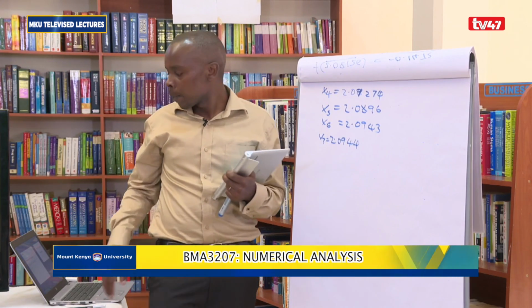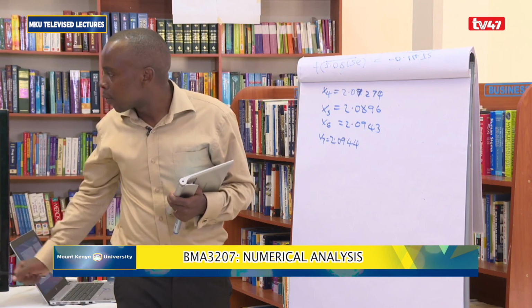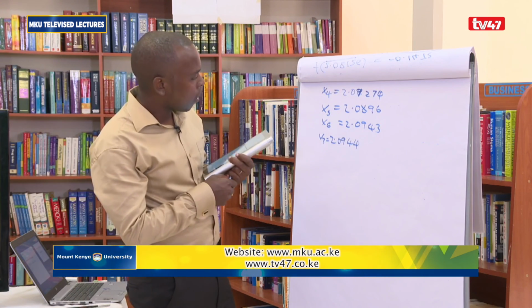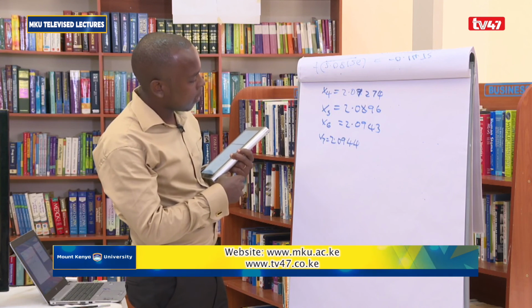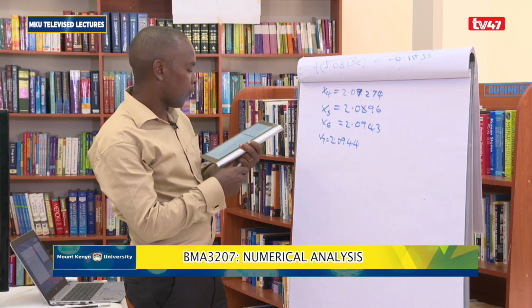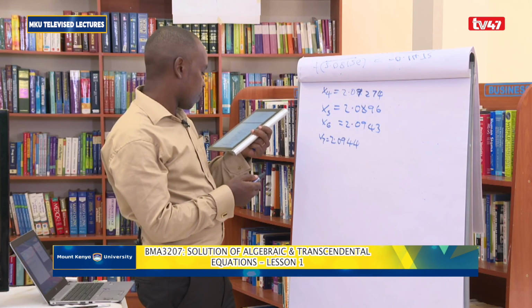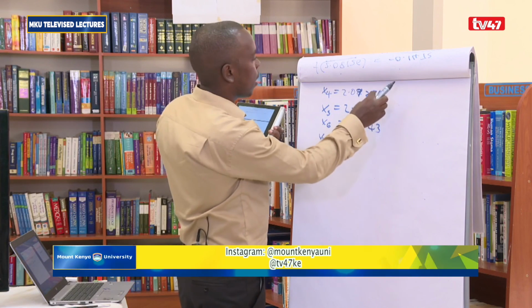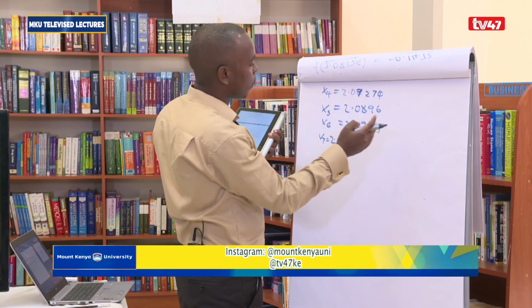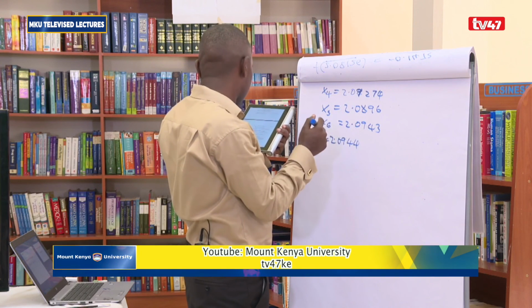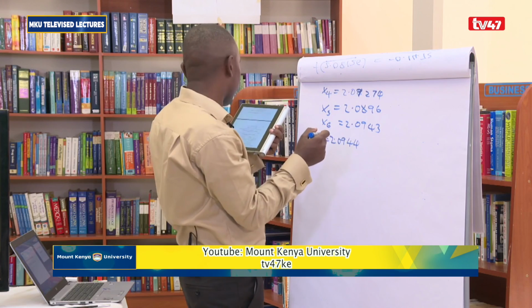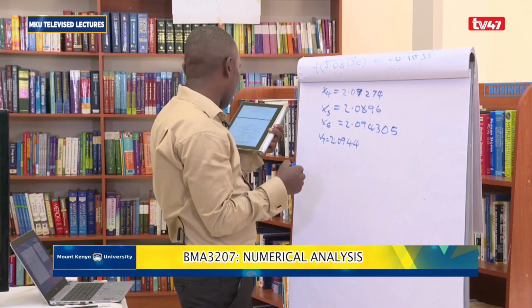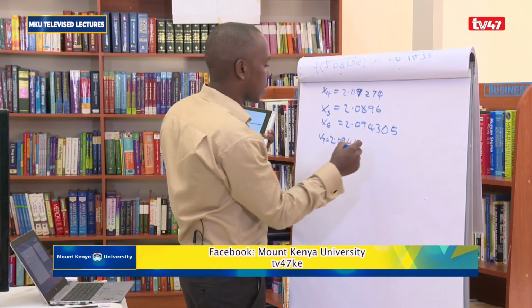So in this case, the question asks us to find the root correct to 4 or 5 significant figures, and with that we can comfortably say so, because writing the values correct to more significant figures, for example, x6 is 2.094305, and this is 2.094460.